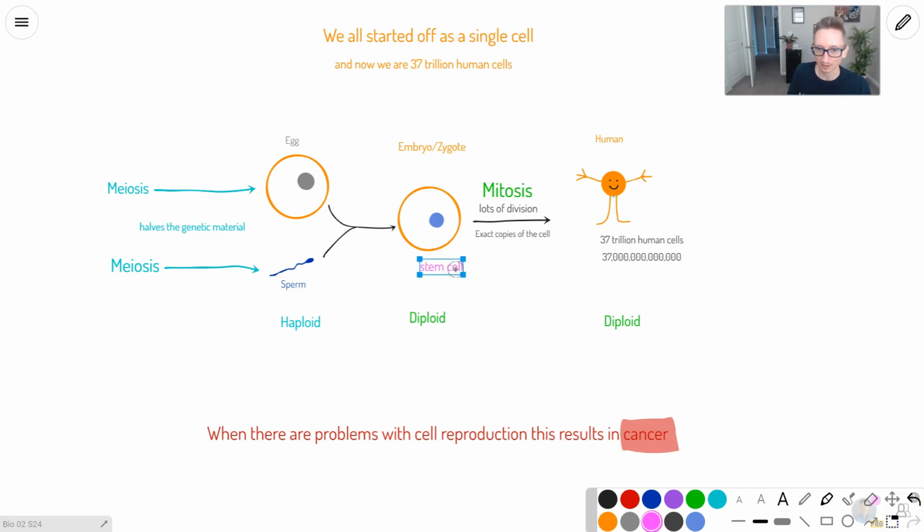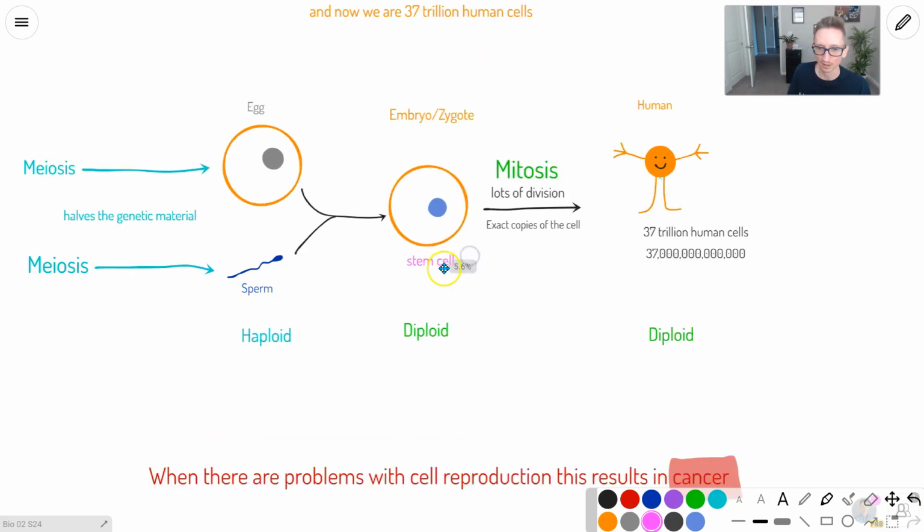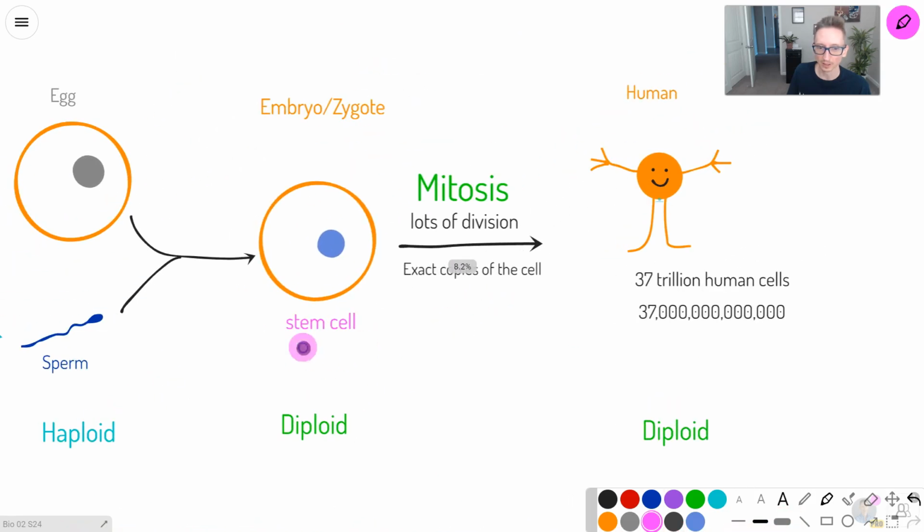So this cell, if you notice, it's pretty nifty. This cell is a very specific stem cell called omnipotent, meaning all-powerful. This cell can become every cell type in your body, right?